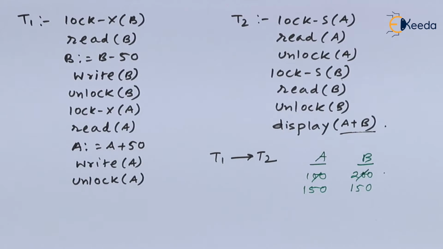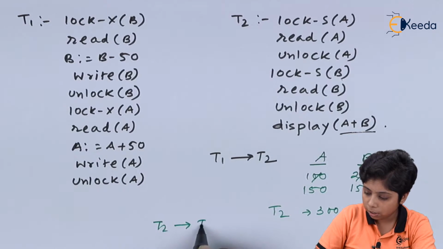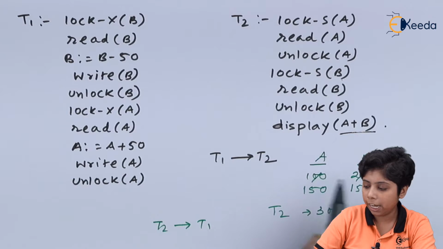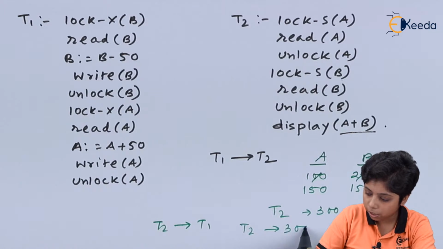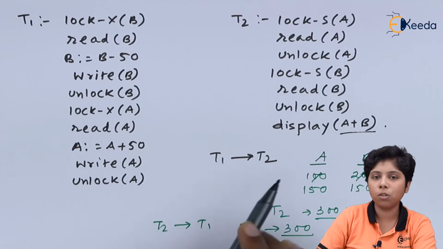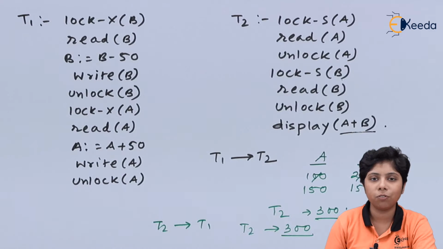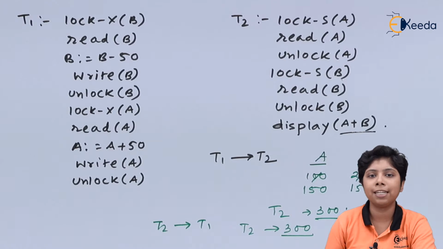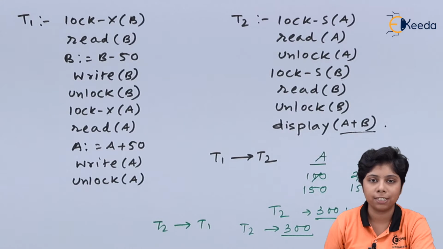So the result of T2, which displays A plus B, is 300. Now if we perform T2 then T1, A and B are 100 plus 200, so T2 results in 300. Both of these are serial and also conflict serializable, because we can just swap the order of T1 and T2 to reach another serial schedule. We produce 300 in both cases.